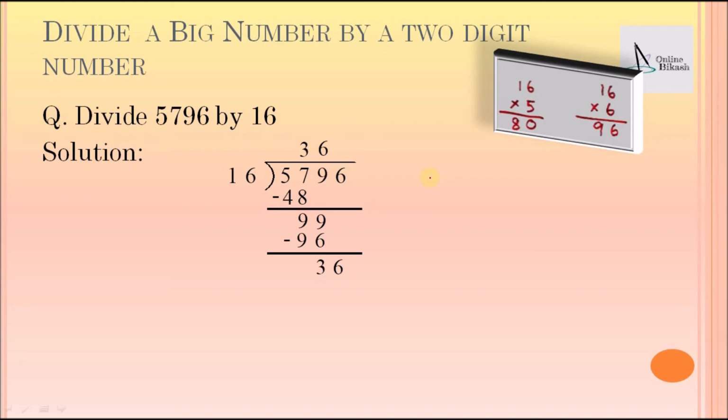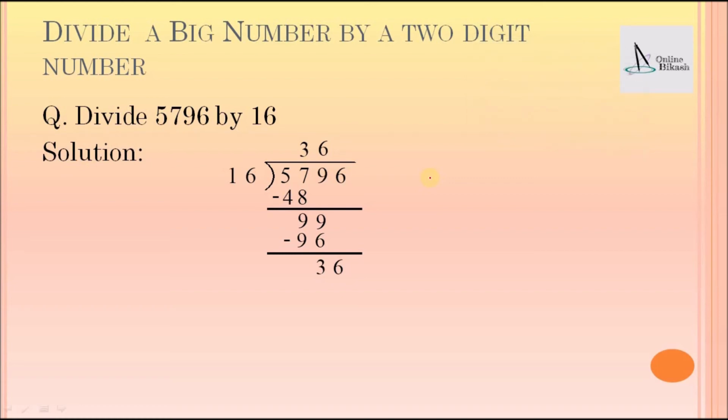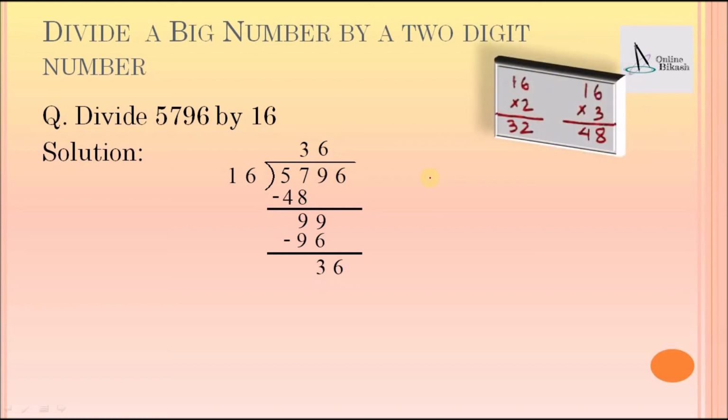But we have to divide the 36 before that. By 16, if we see, we will get 16 2s are 32 and 16 3s are 48. In that case, we always choose the smaller one. Now our 36 definitely will lie between 32 and 48.